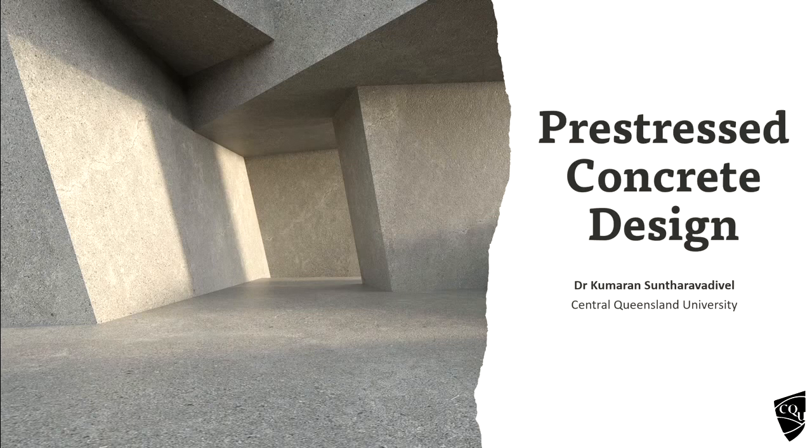So this is another different technique to overcome the weakness in the tensile capacity of the concrete. Why do we need to provide reinforcement in the RC design? Because concrete cannot take any tensile force, so we provide steel so that the steel will take the tension.